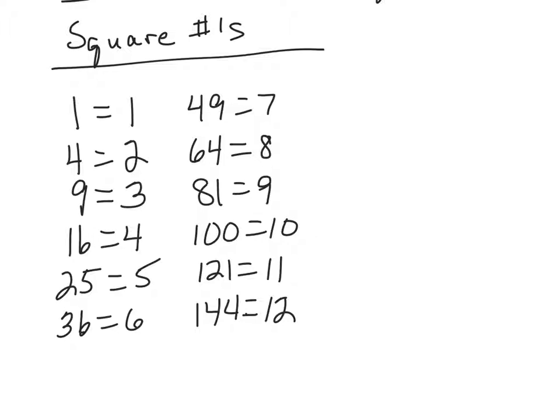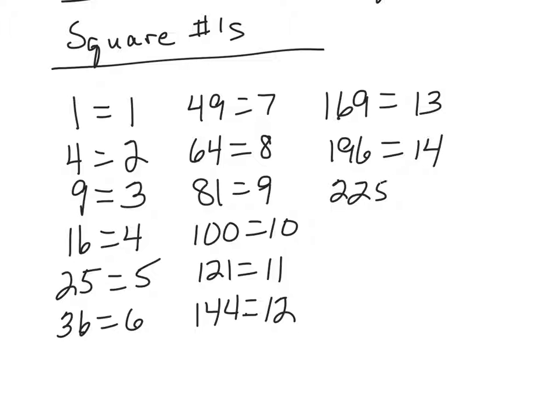No, it's 169. That's the number for 13. If you know 13, then 14 is easy because you just switch the last 2 digits. It's 196. And then 15 squared is 225.